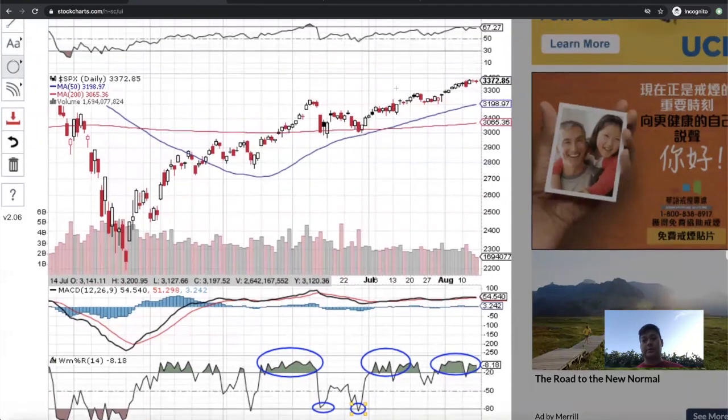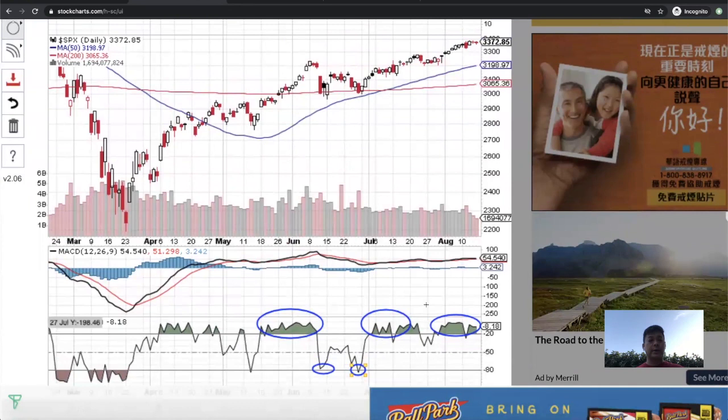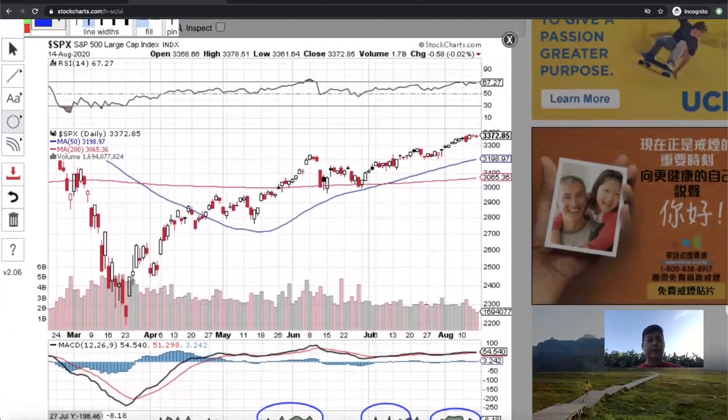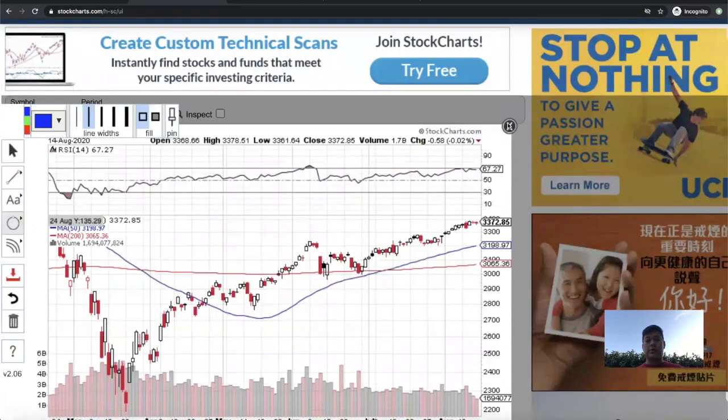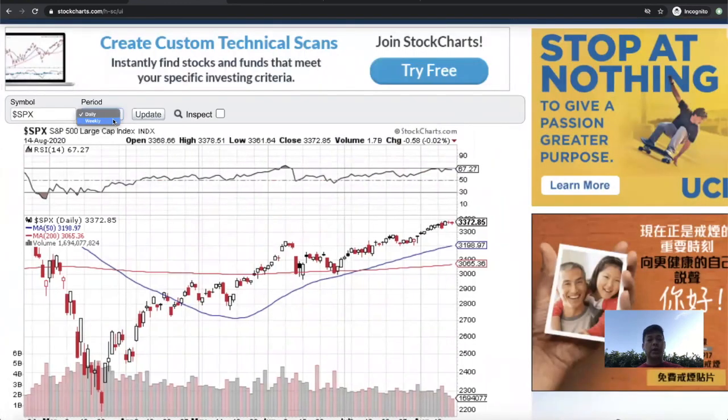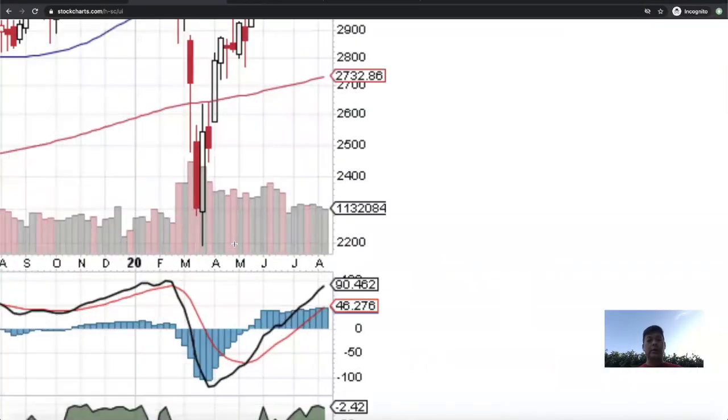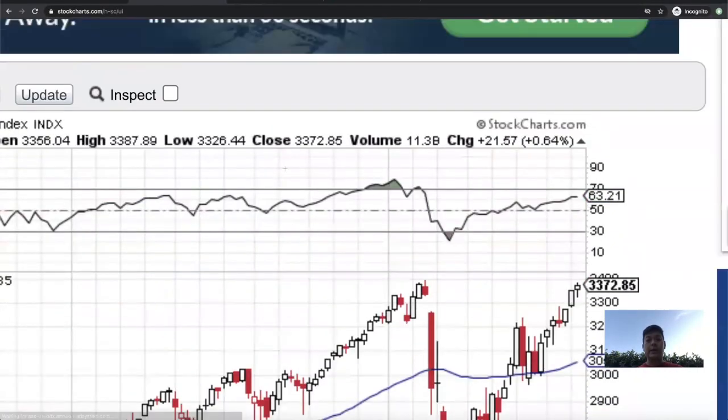It's technically just the market wanting to grind higher because the Fed money keeps coming. So I also look at Williams %R a lot. You can also change this to weekly, then it will give you a better idea. On daily, we are almost overbought, but on weekly, we still have some room.